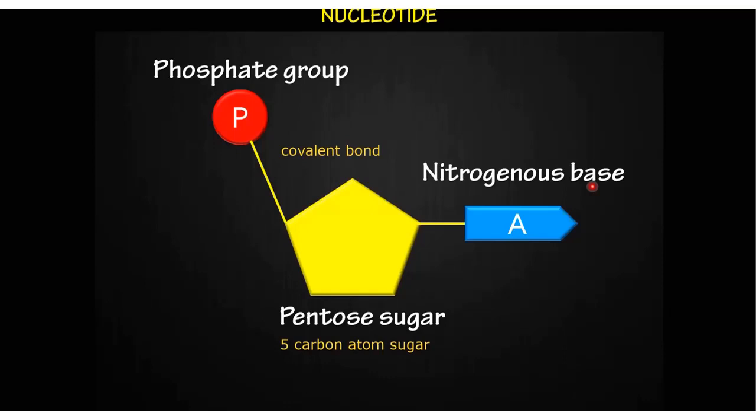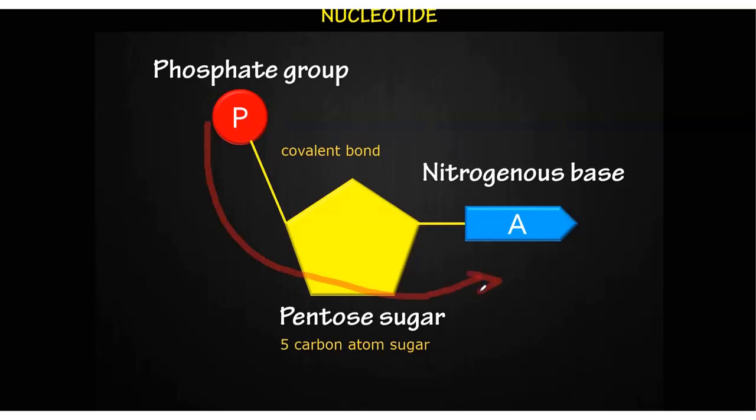If you are describing a nucleotide, some of you may mention nucleotide has a phosphate group. That phosphate group is linked to pentose sugar. The pentose sugar is linked to nitrogenous base. Maybe your explanation is in this sequence. From here, you explain here.